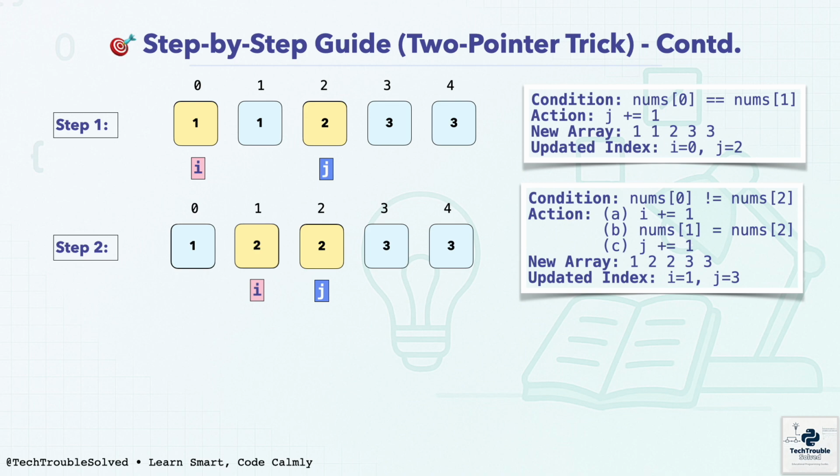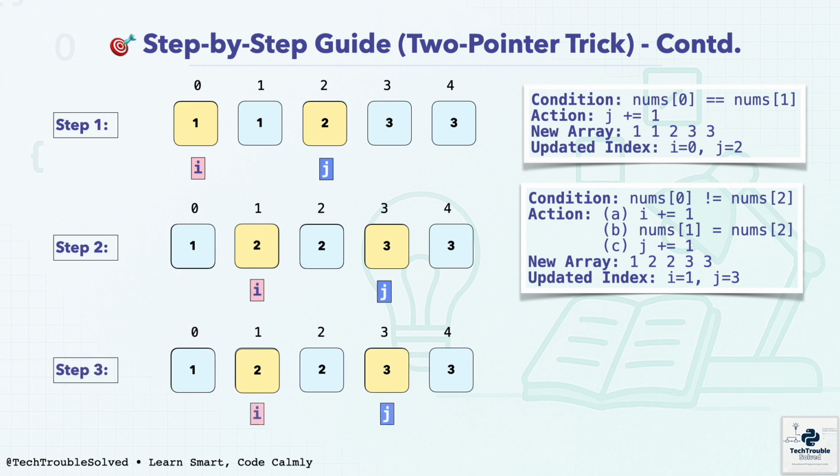Now the array starts building its unique prefix. After copying, pointer i now points to the value 2. Pointer j moves forward to continue scanning the array. So now j is at index 3, pointing to the value 3. Now i is at index 1 and j is at index 3.